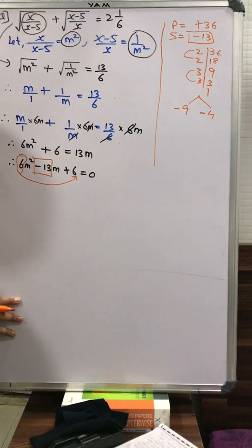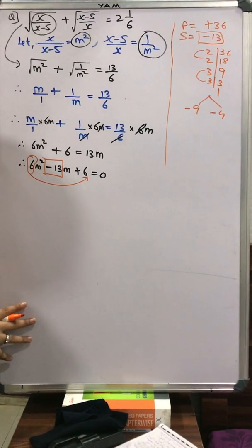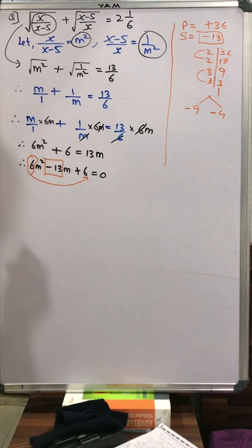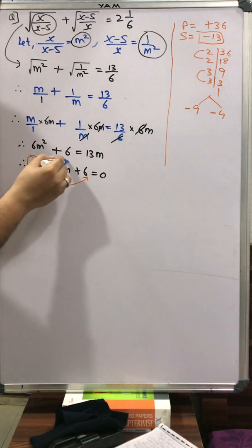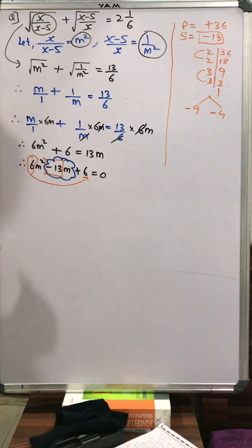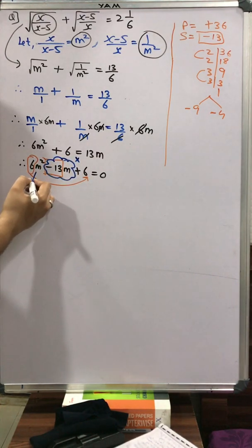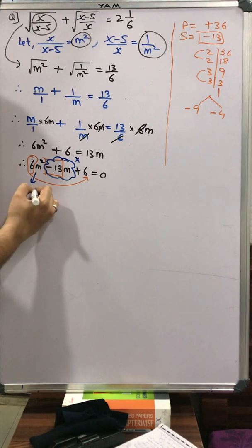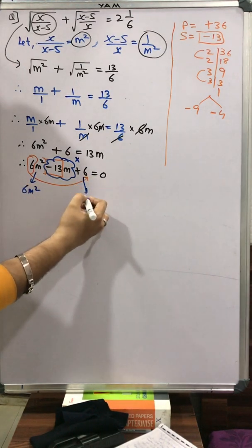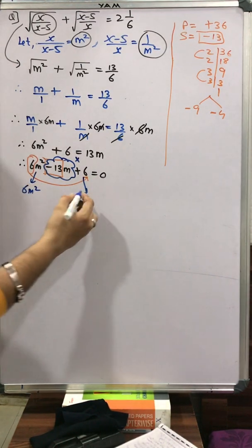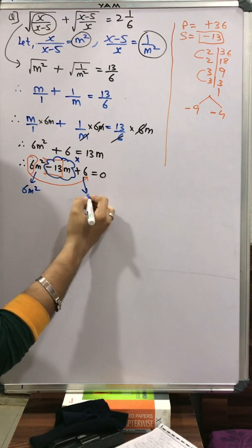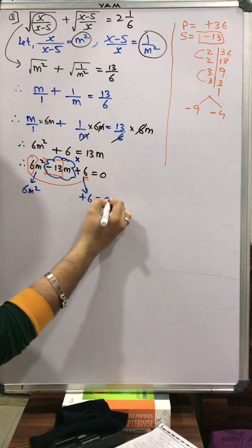Superb. Great. Okay students. So now let's continue. So can I say over here my middle term is minus 13m. So I'll not write this middle term. I'll copy as it is my first term, which is 6m square. Okay, I'll copy as it is my last term, which is here plus 6 is equal to 0.